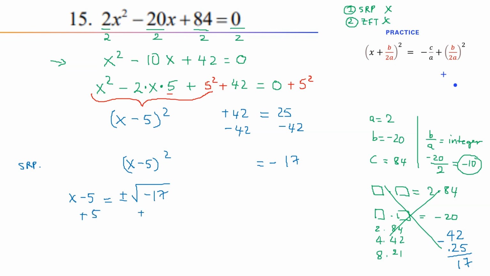Adding 5 to both sides. x equal 5 plus or minus i square root of 17. Remember, square root of negative 17 is square root of 17 times square root of negative 1. And that is i right here. So put it in the front.